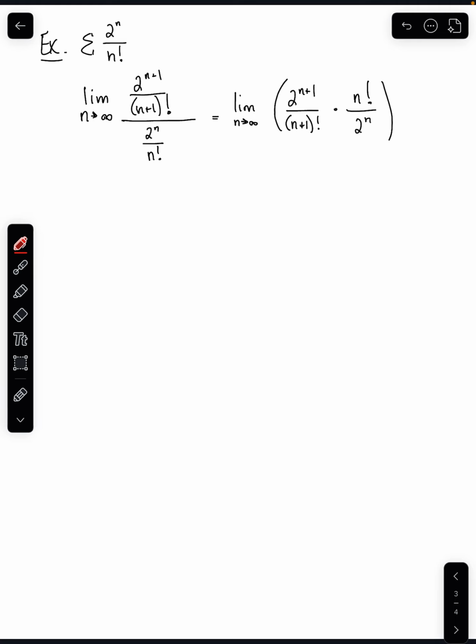As we saw in the previous example, we get a cross simplification of the exponential terms, which makes exponential terms very good with the ratio test. The ratio test works very well on them because there is a convenient cross simplification.